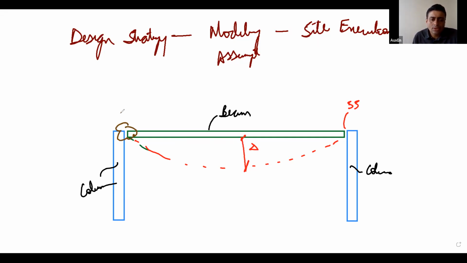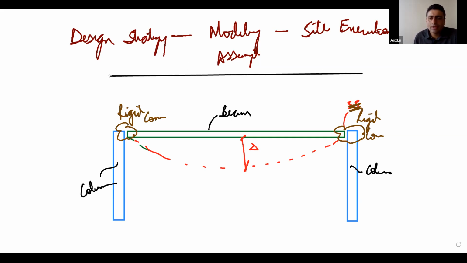So a strategy is to adopt a rigid connection. Yes or no? So when we provide a rigid connection, what happens?